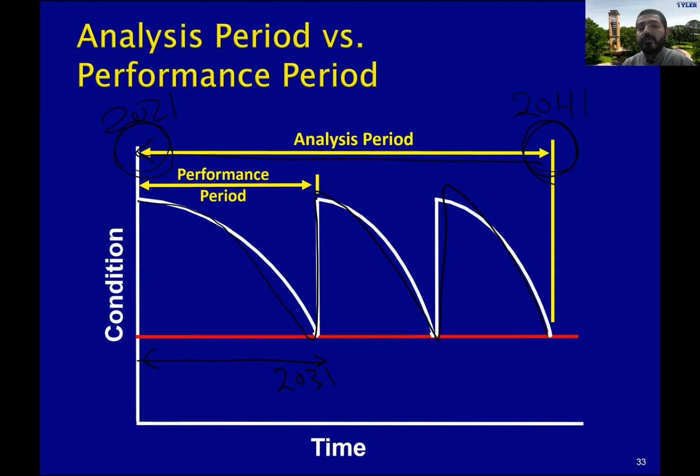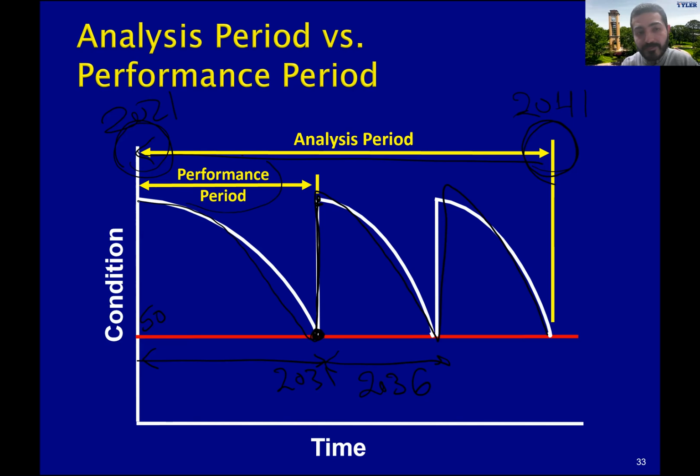I'm building a new roadway in 2021, and it's going to take 10 years before I reach, let's say, a PCI of 50 out of 100. Once I hit that date, I'm going to do an overlay to bring the condition back to almost the original condition, maybe not exactly, but somewhere there. And now this overlay is going to last maybe 5 years. So that is 2036.